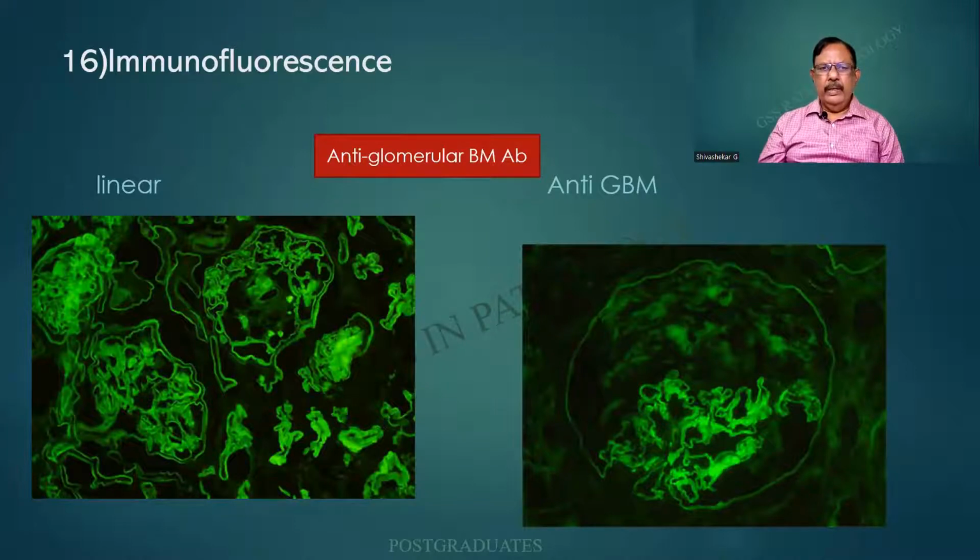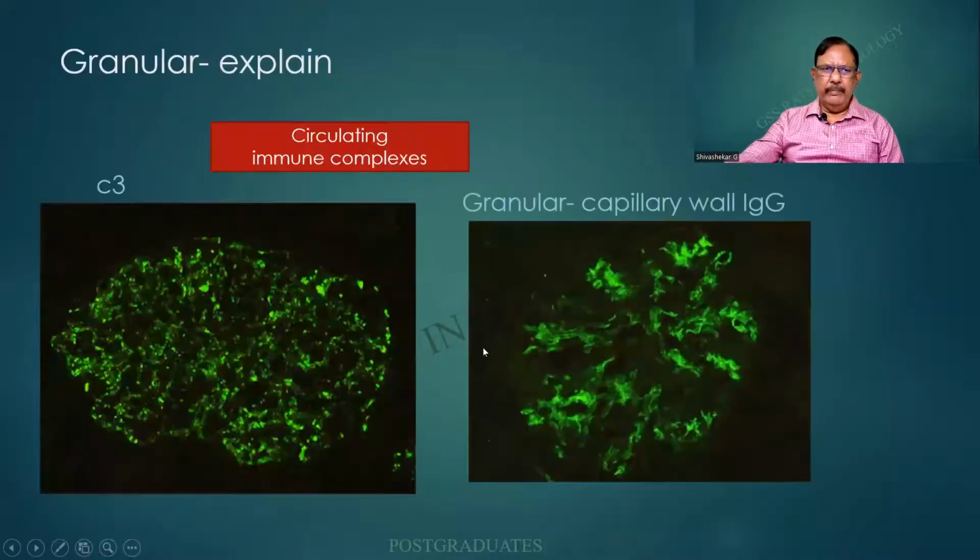They are being in the circulation and then they are getting caught in between the foot processes, etc. Therefore, you get something like the lumpy, bumpy deposits or a granular deposit. It can be sub-epithelial, sub-endothelial, or sometimes it can be caught in the basement membrane. Whereas a linear one will be anti-basement membrane, therefore it is uniformly seen.